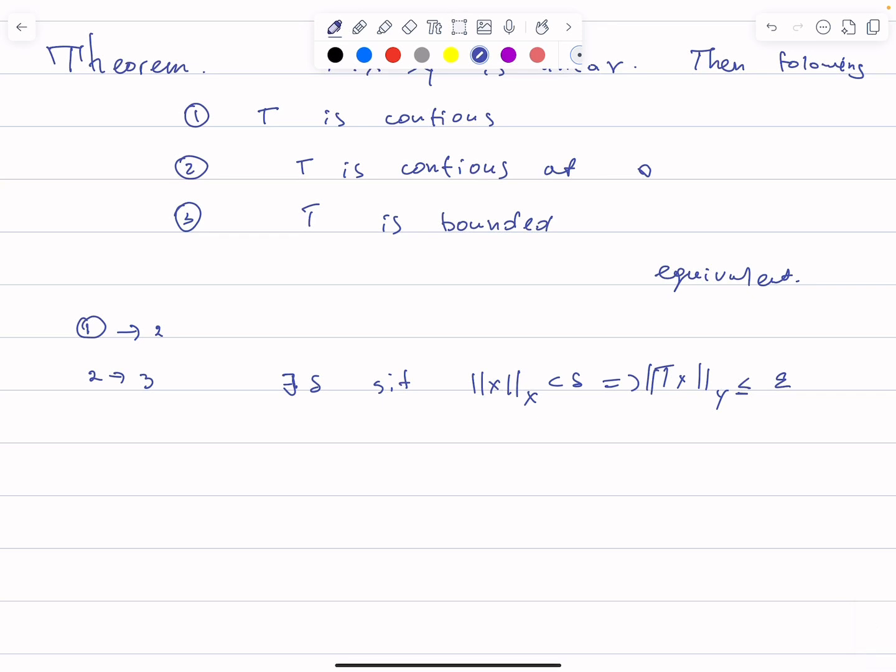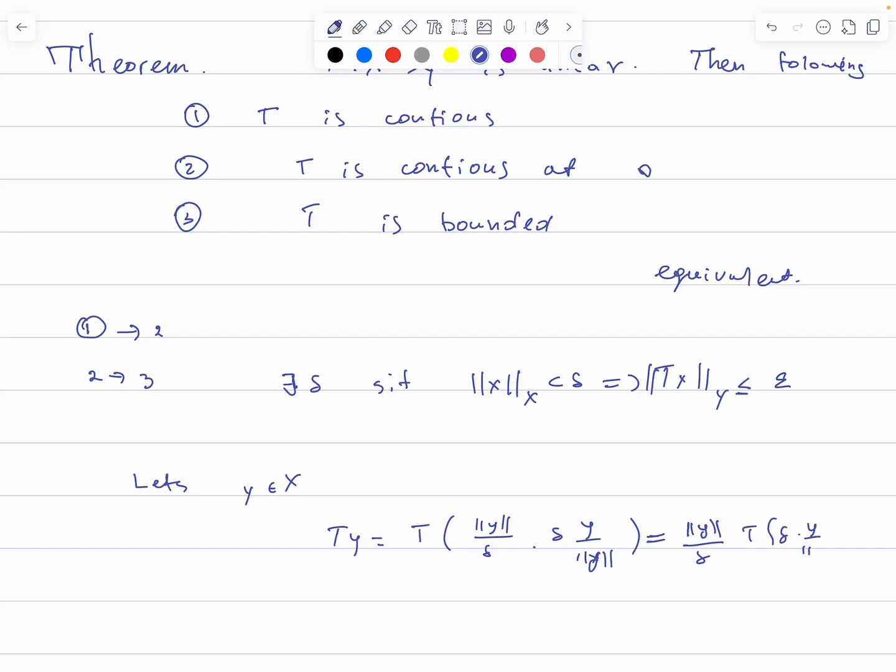So let's fix y from X, and Ty will be Ty divided by delta times delta y divided by the norm of y. By the definition of a linear operator, this is equal to the norm of y divided by delta times T of delta y divided by the norm of y.